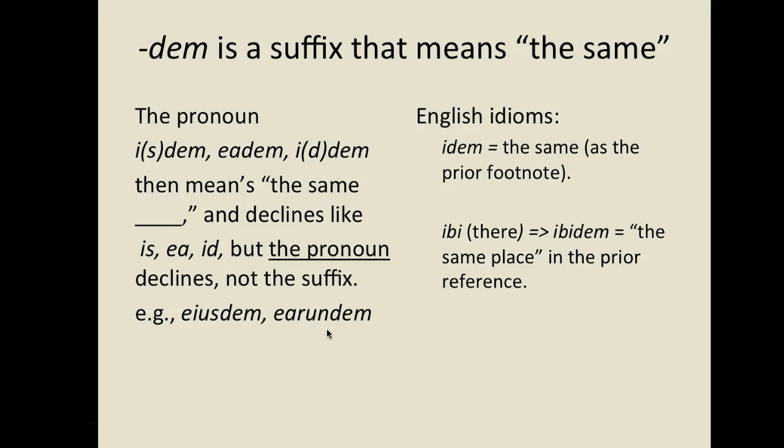And the word ibidem, or ibid as an abbreviation, is taken from the Latin ibi, there, and dem, same, meaning the same place. It's used to indicate that the reference in this footnote is the same place that occurs in the prior reference.